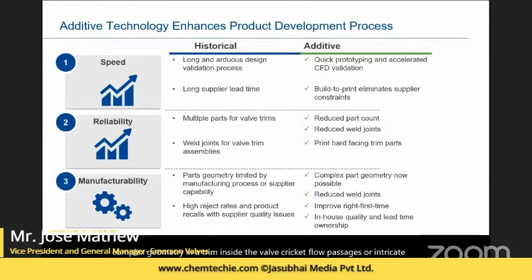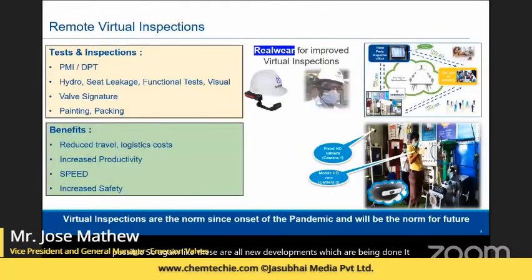Now with 3D printing, those are possible. These are all new developments, and it also reduces reject rates in manufacturing. Again, new advancements which are already being employed. Then the other thing, which has really taken off since COVID started last year, is what we call virtual inspections.